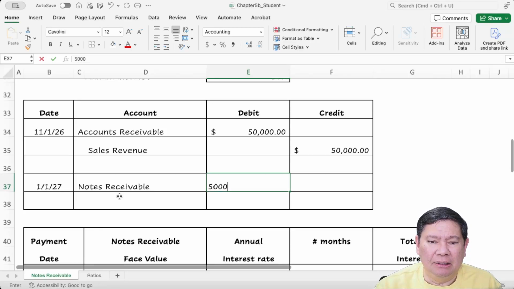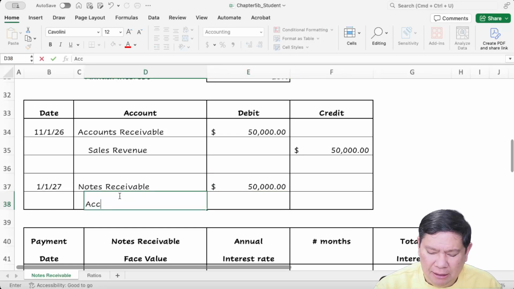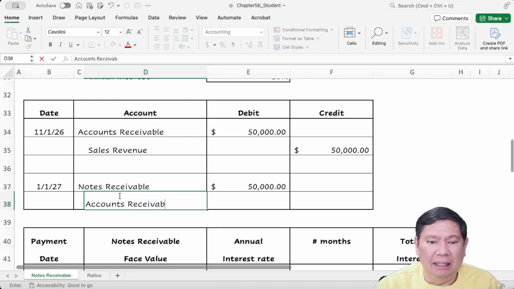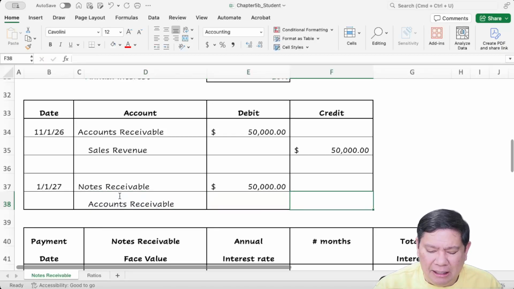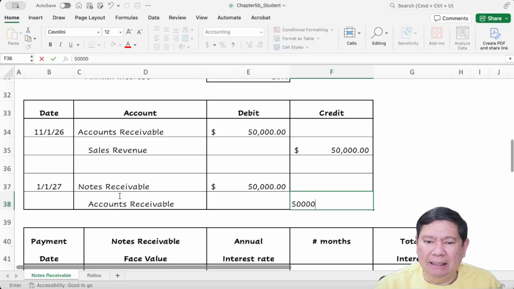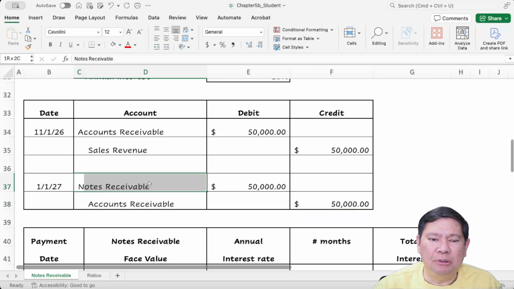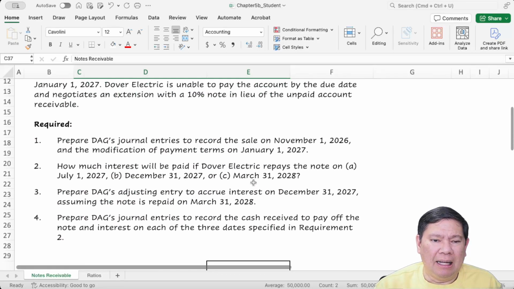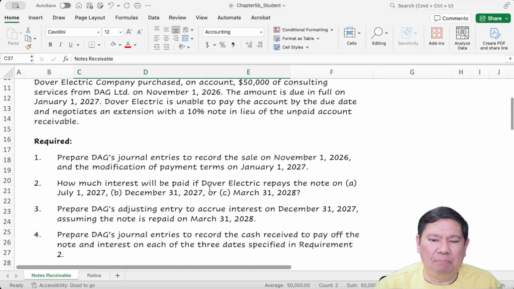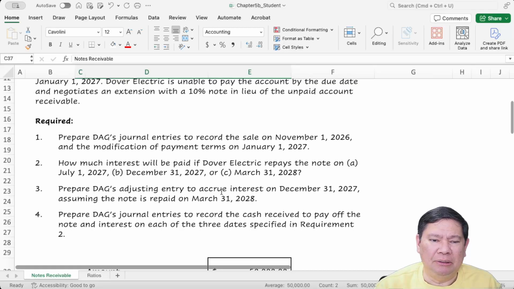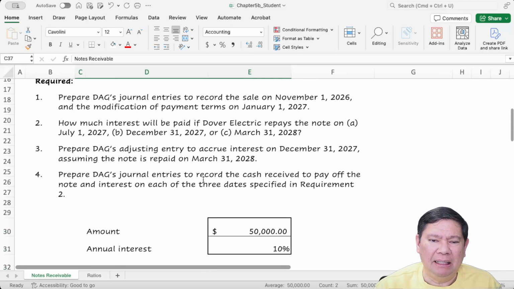So we change from accounts receivable, we credit accounts receivable, so now it's gone, no longer in our balance sheet, but now we have this new notes receivable for $50,000.